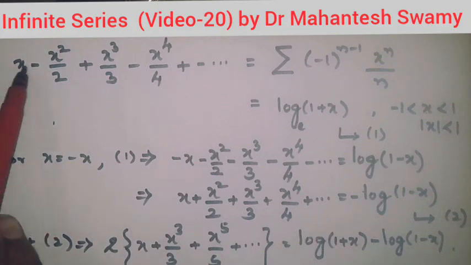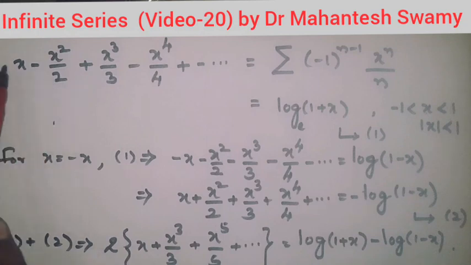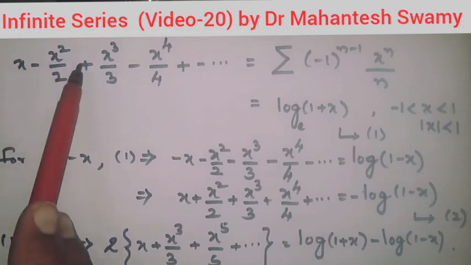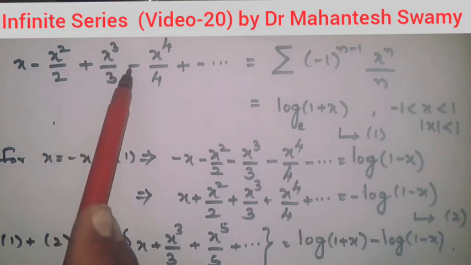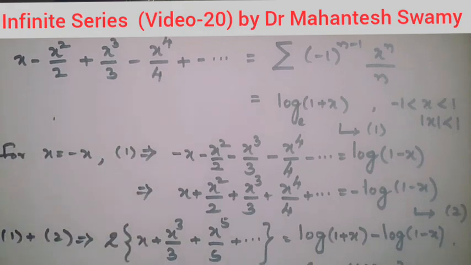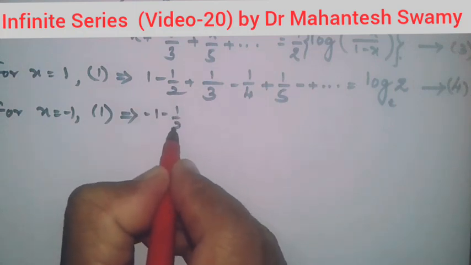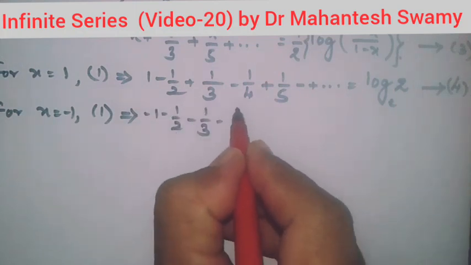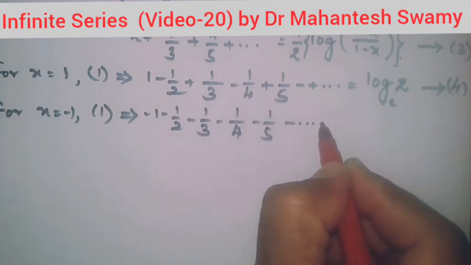It is minus 1, minus 1 square will be plus 1 by 2, so minus 1 by 2; again the minus sign remains because minus 1 cube is minus 1; minus 1 to the power of 4 is 1, and this minus again remains as it is. So every term will be with a minus sign. So we will be having a series of the form minus 1 minus 1 by 2 minus 1 by 3 minus 1 by 4 minus 1 by 5 minus dot dot dot.